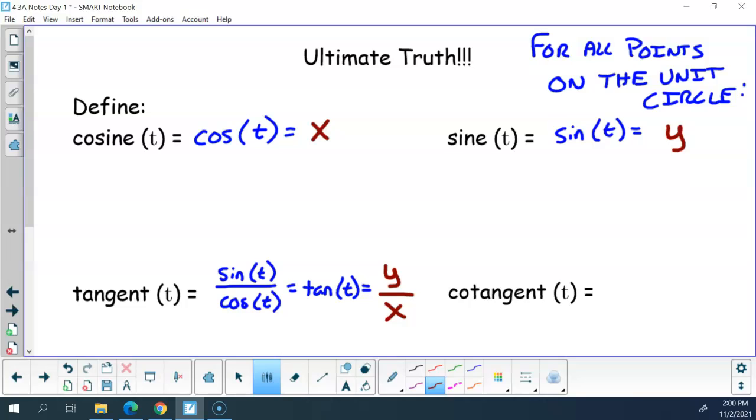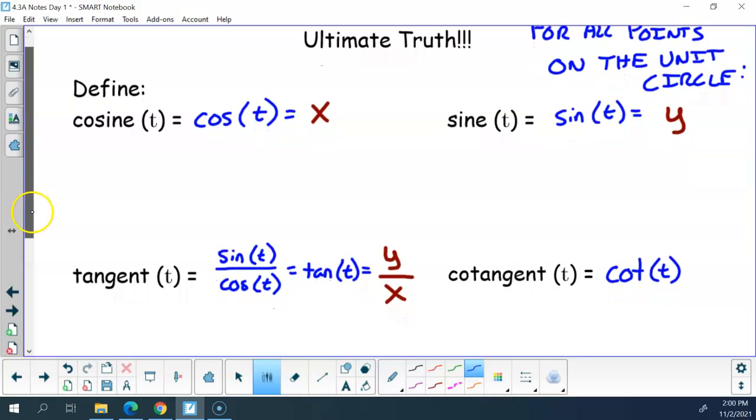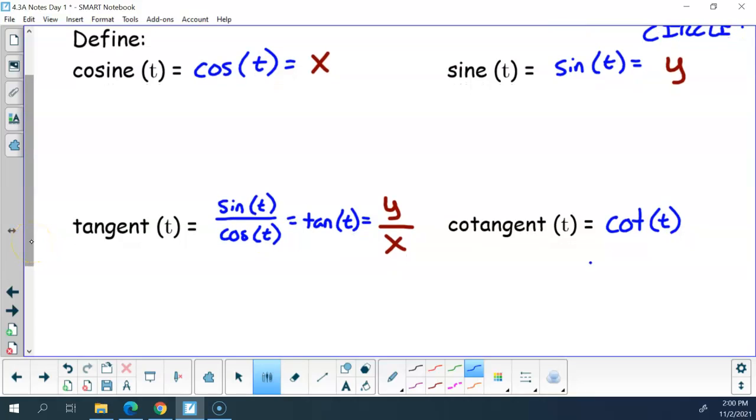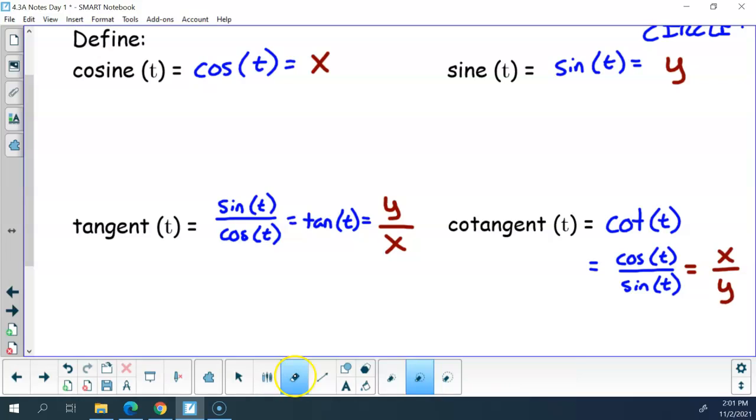So tangent is paired with cotangent because we need a co. So cotangent, or COT, would be equal to cosine over sine, or simply x over y. So cotangent is the reciprocal of tangent.